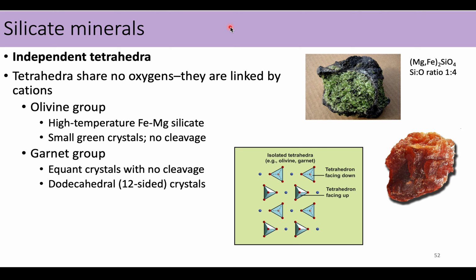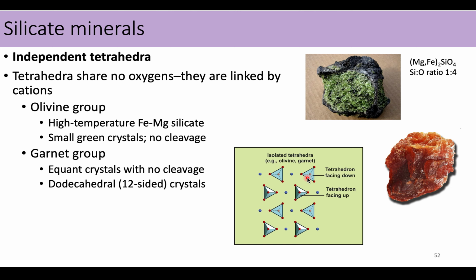Independent tetrahedra means that it's a type of silicate mineral that has independent silicate tetrahedra. So the oxygens are not shared. They're not linked together. This would be an example of the atomic makeup. These are the tetrahedrons. They are not connected to each other. That's why they're called independent.